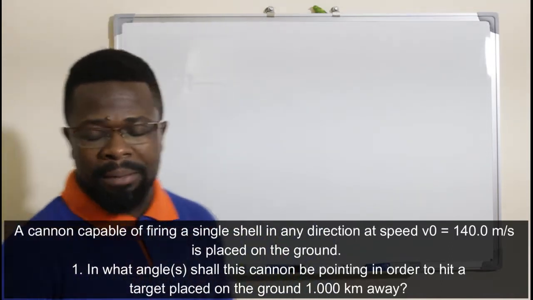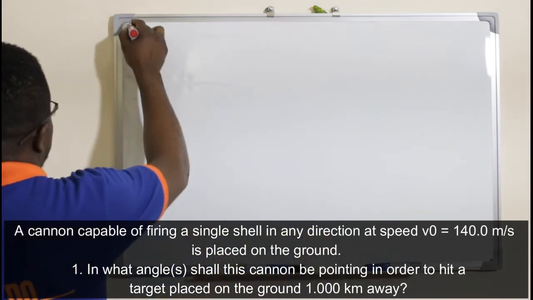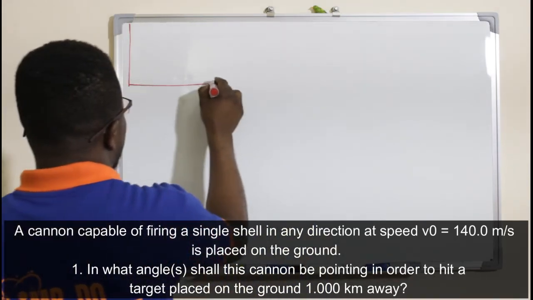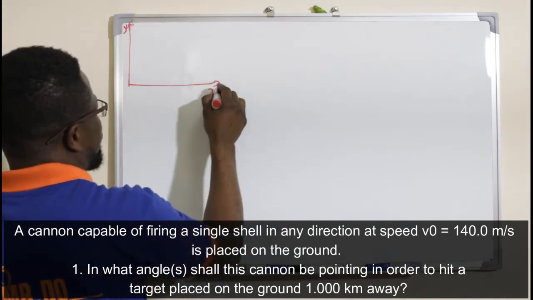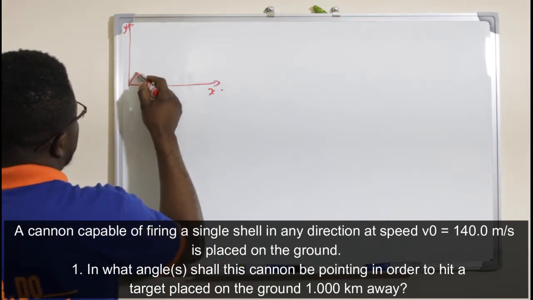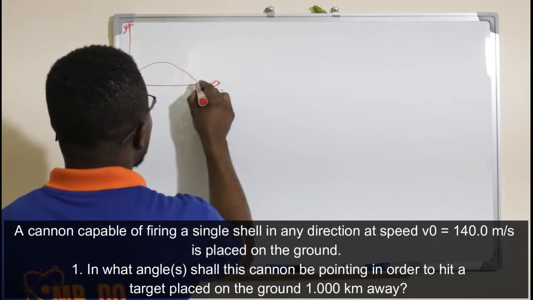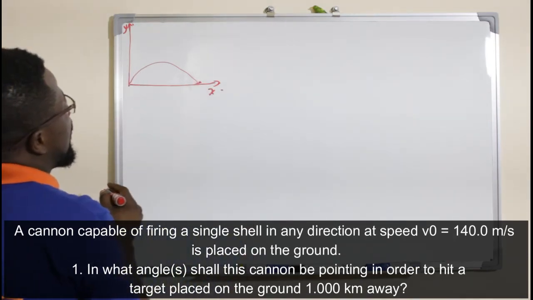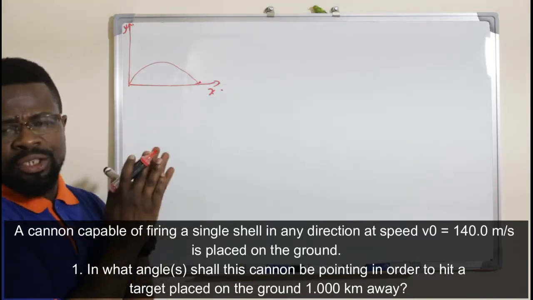So let's look at this. If you look at the problem that we are given here, we try to give a sketch, as I said, always give a sketch of the problem that you are given so that it will be very easy for you to do the analysis. I can say the projectile is going to be of this form. According to the question, we want to find how this should be angled.